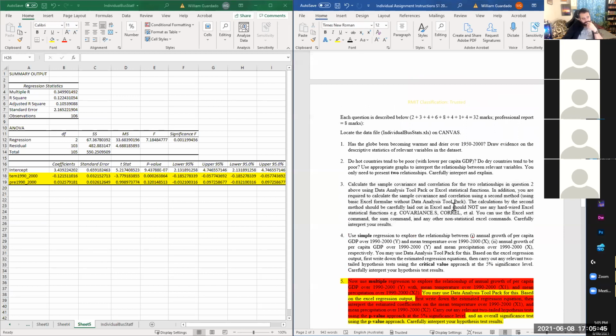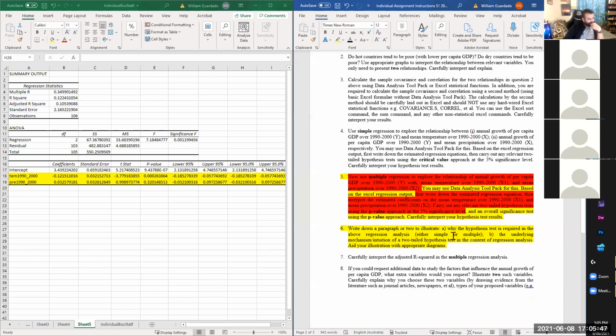For question 6, the second part of it, the underlying mechanism intuition, what does that mean exactly? So the intuition is you want to see if your slope, which is your beta 1, has any predictive power. Does it have a non-zero relationship?